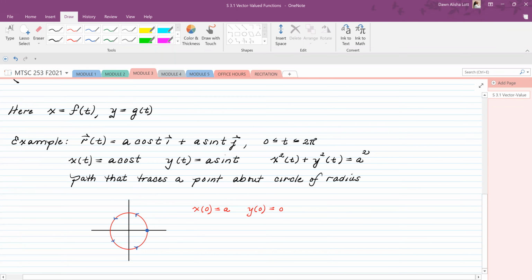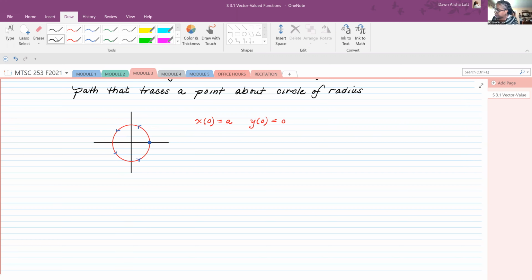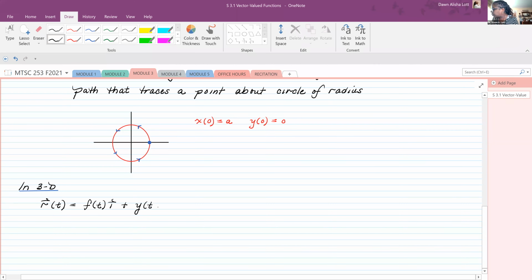Now, 3D. Not much different. I have r of t equal to f of t i plus g of t j plus h of t k, where r is xi plus yj plus zk.